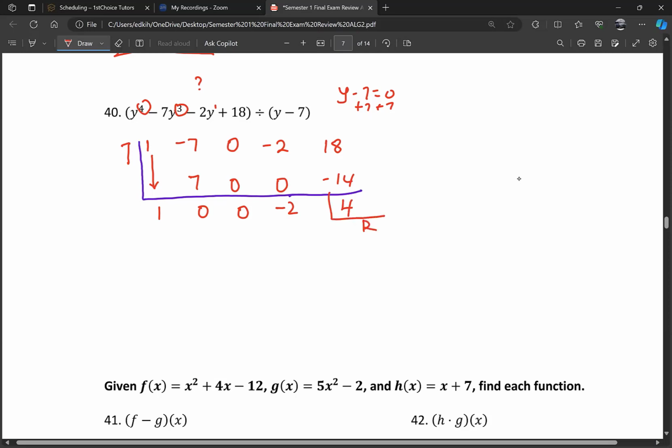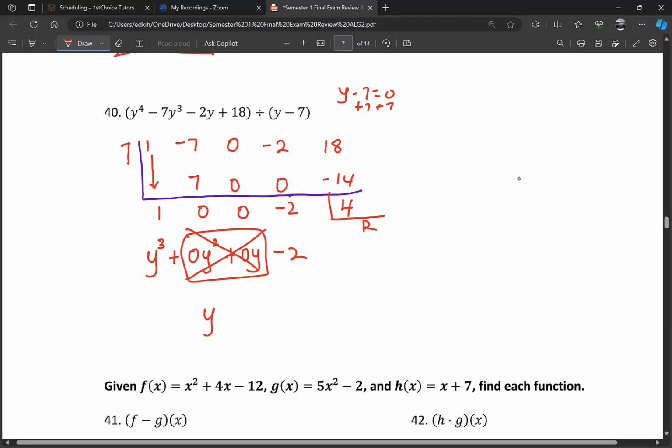This is your remainder. So now we got to write the new equation, right? Remember, after dividing, you drop the degree by 1. We started with a y to the 4th. So now the coefficients are 1y to the 3rd plus 0y squared plus 0y minus 2. But is there really a point of showing these? That's kind of silly for me to write this. I'm just going to eliminate those.